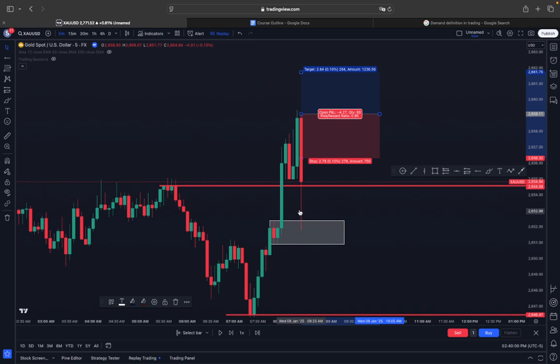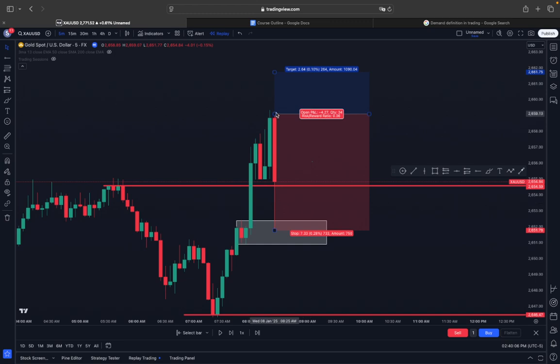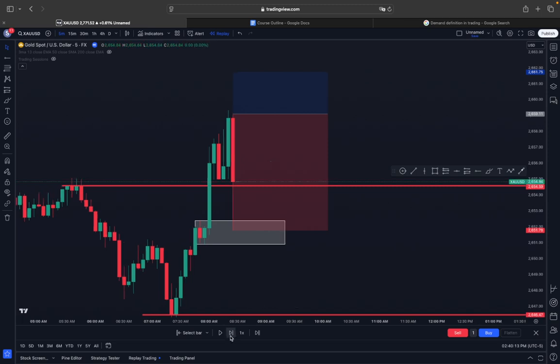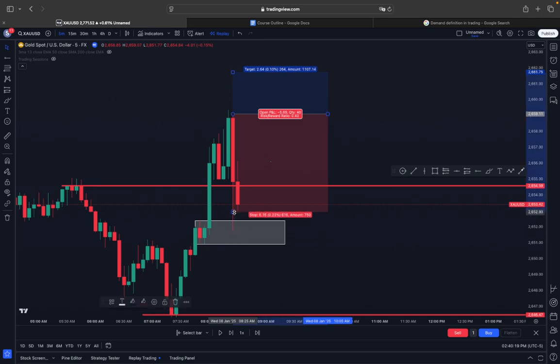Once it taps, the next candle we're putting our stops below this candle, and we're looking for a break of this candle's high. So boom, that didn't happen. So now we're looking for this here. Move our stop here, look for the break of this candle's high.